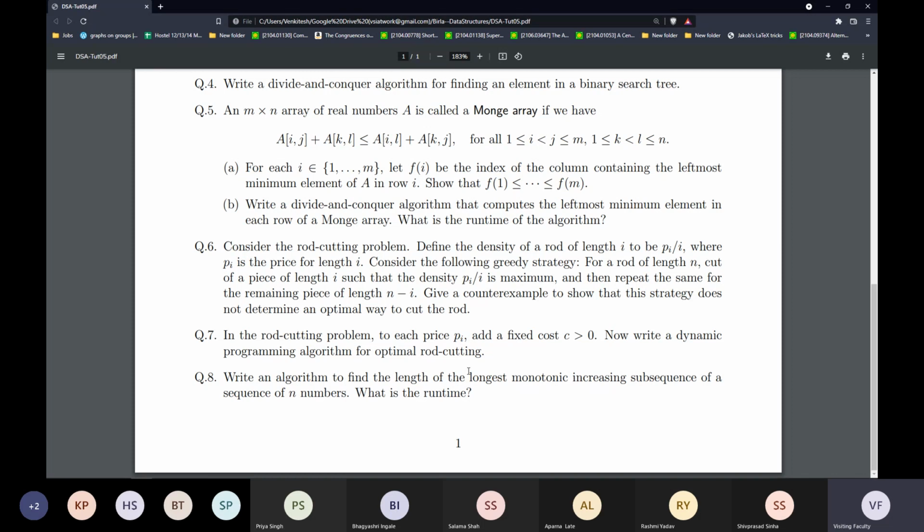So you have to use that in some way in order to find the longest monotonic increasing subsequence. This is the hint. Take 2 minutes, think about it. You can find the longest monotonic increasing subsequence by using LCS. How will you do it?